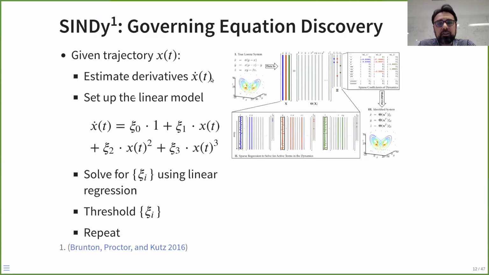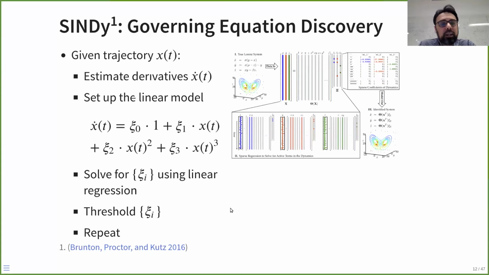What you do then is you estimate derivatives of this trajectory by some numerical differentiation method. And then you set up your linear model, which basically means that you have some basis functions. In this case, let's say polynomial basis functions. So you have the constant 1, you have x(t), you have polynomials up to degree 3.